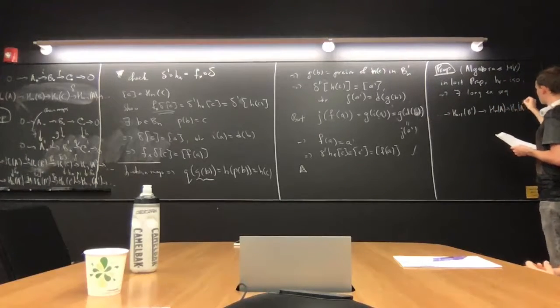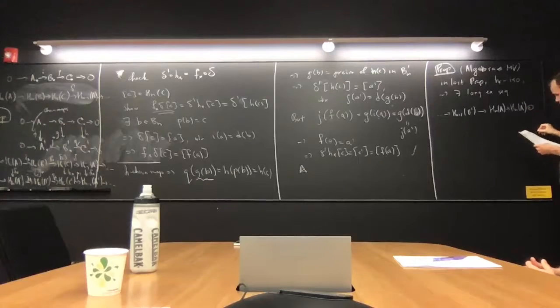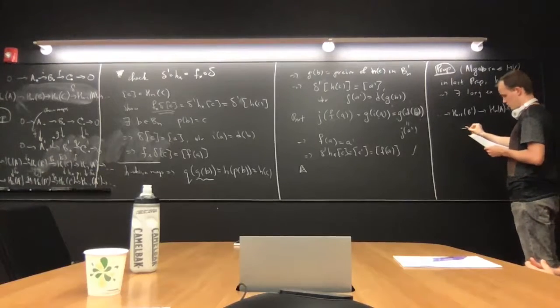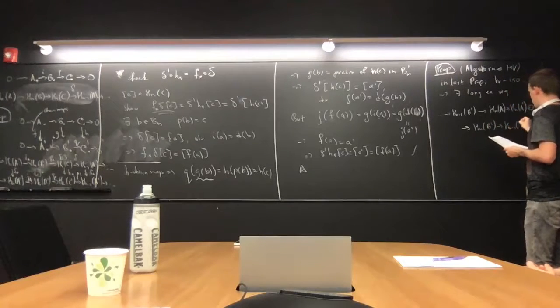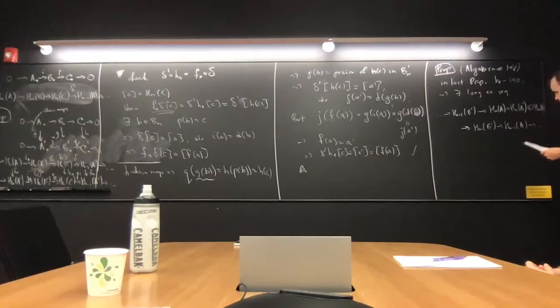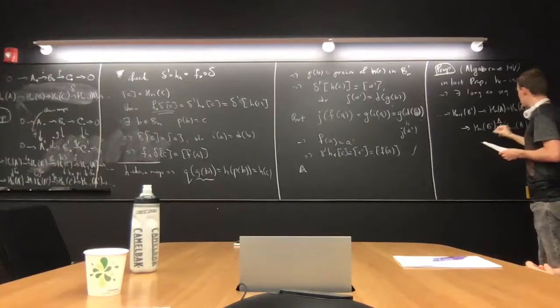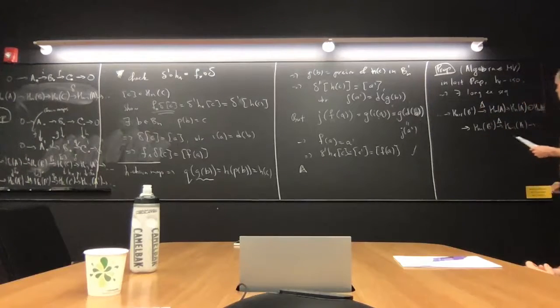Hn of A prime plus Hn of B. And then Hn of B prime, Hn minus 1 of A, etc. So what stands here is this operator.